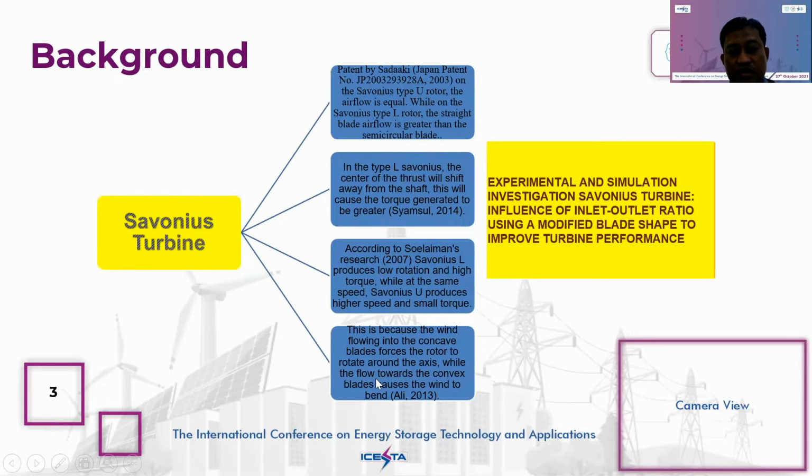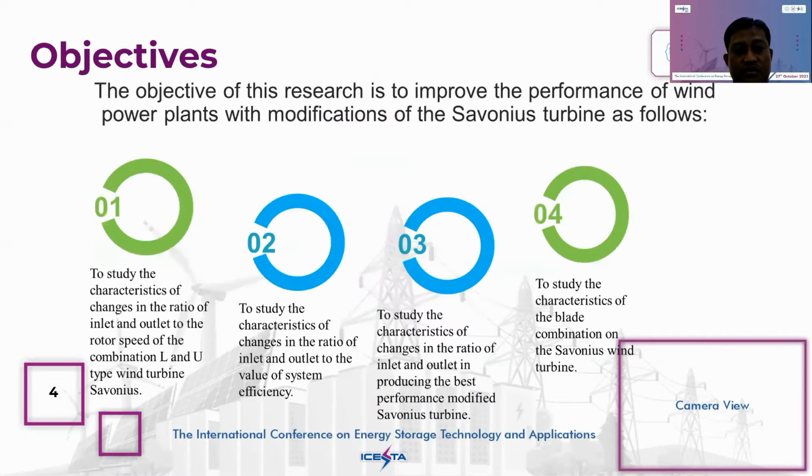Another reference from Ali says the Savonius turbine has wind flowing into the concave blade, forcing the rotor to rotate around the axis. So I chose my research, entitled Experimental and Simulation Investigations of Savonius Turbine and Inlet-Outlet Ratio using a Modified Speed Shift to improve turbine performance.